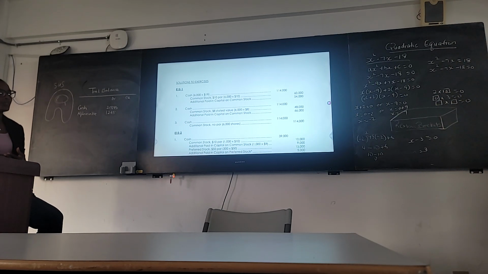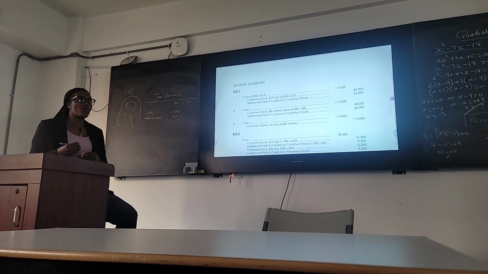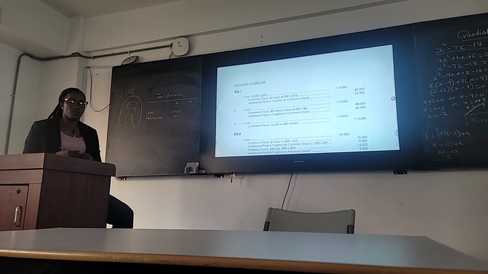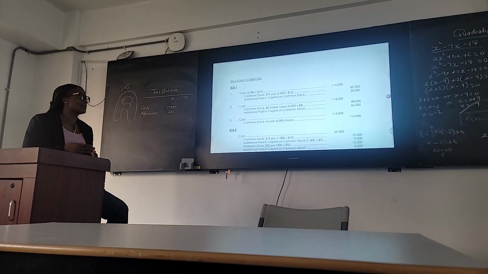And the full debit will go to cash, 6,000 times 19, which is the selling price, $114,000. So once you have anything above par value, the excess must go to additional paid-in capital. The only thing that goes into the common stock account is at par.